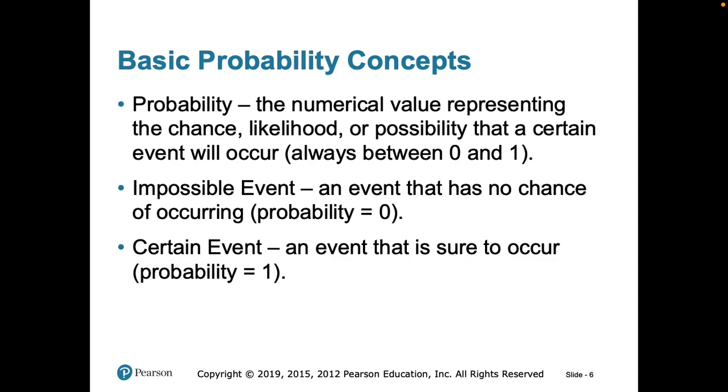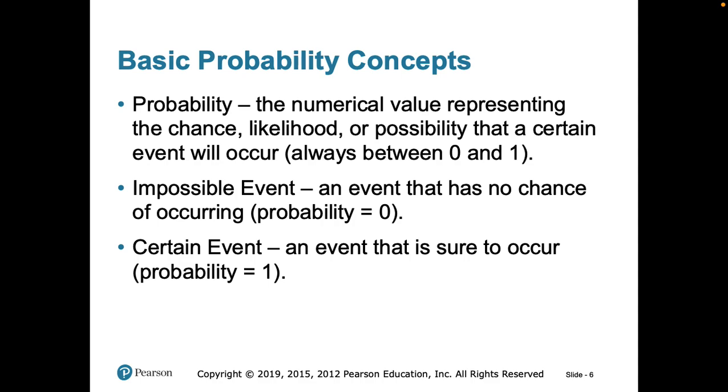Probability, again, is the numerical value representing the chance, likelihood, or possibility that a certain event will occur, and it is always going to be between 0 and 1. If it's 0, that means it's an impossible event, so there is no possibility that such a thing will happen.